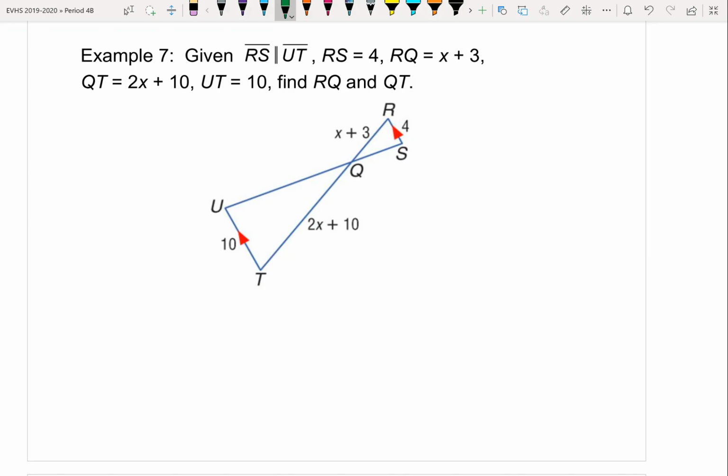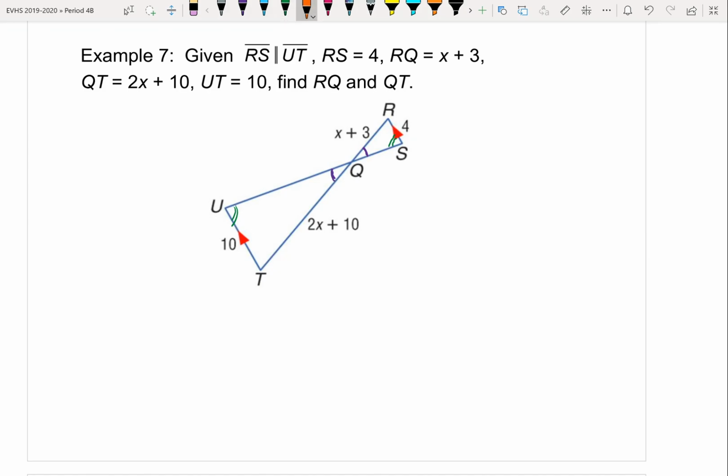So let's see first off if we've got any sort of similarities going on. I know they're not congruent, obviously not. First off, my two angles at Q are going to be vertical angles. That's great. I also know that since I have parallel lines and US is a transversal, angle S and angle U are congruent.